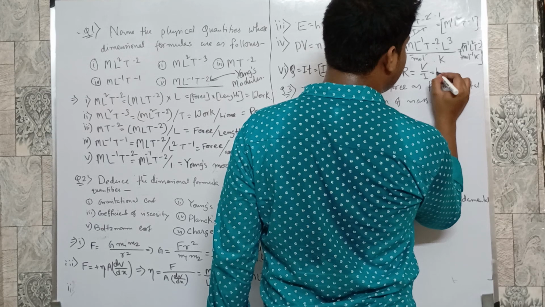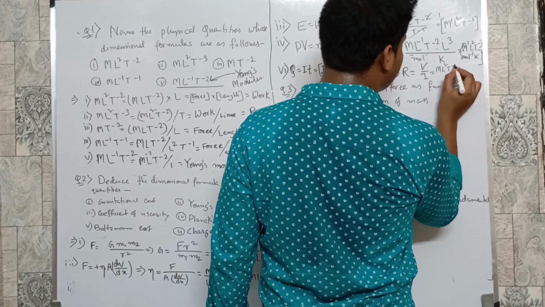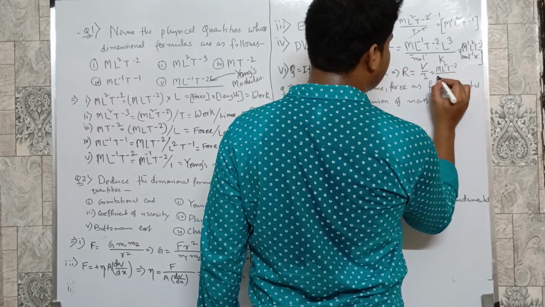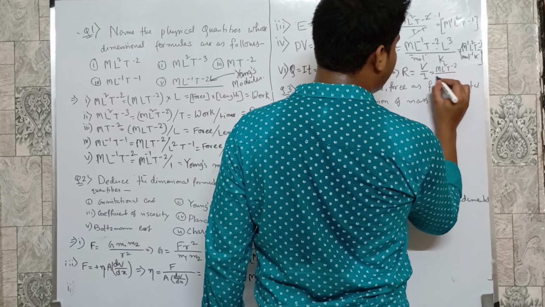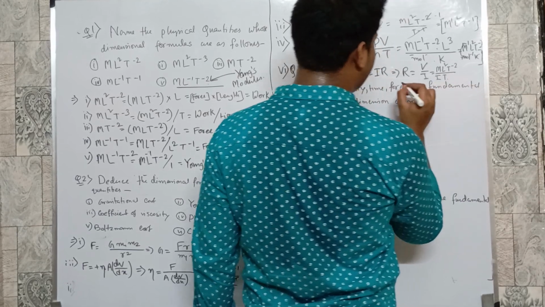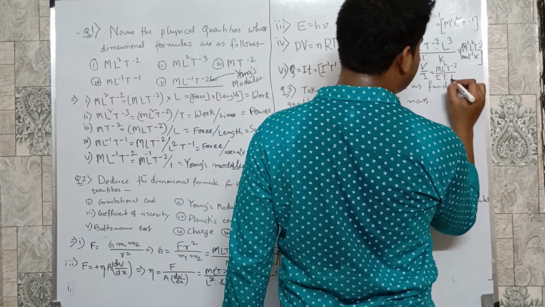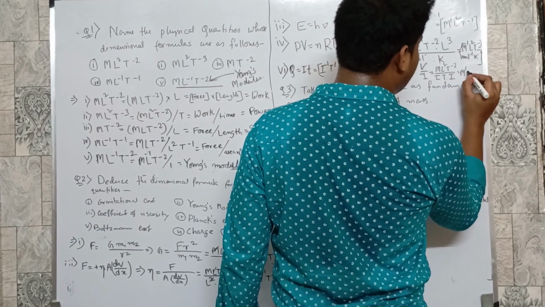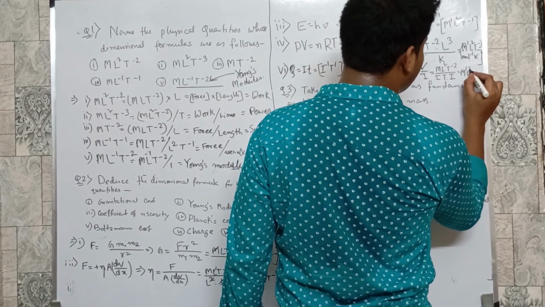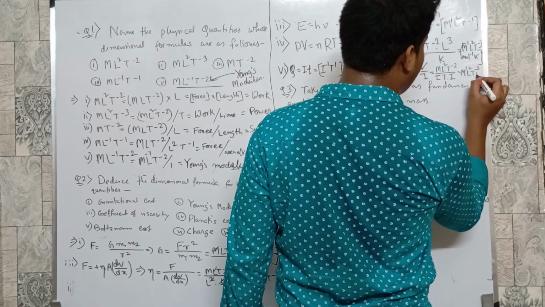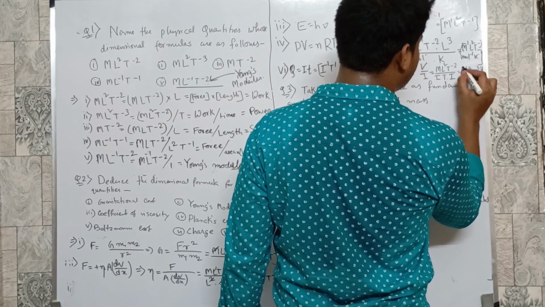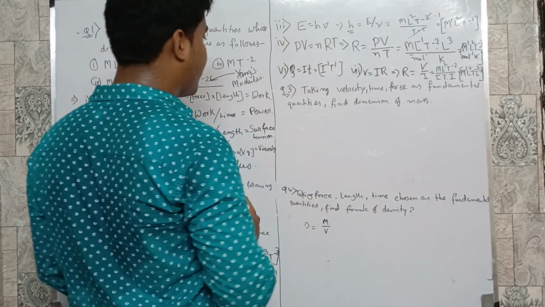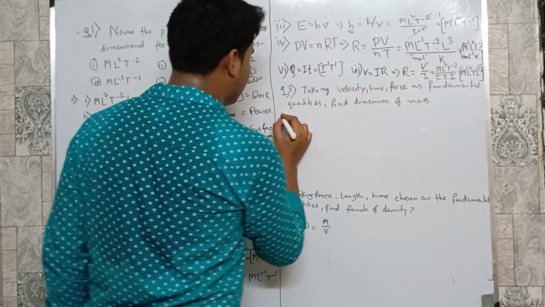So dimension of energy M L square T minus 2 per unit charge. Charge is I into T, and divided by current I. So it is basically M to the power 1, L to the power 2, T to the power minus 3, I to the power minus 2. So this is the dimension. Okay, this question is done.